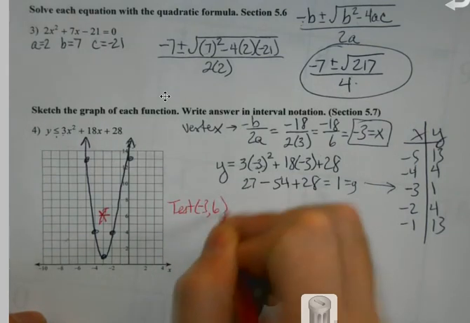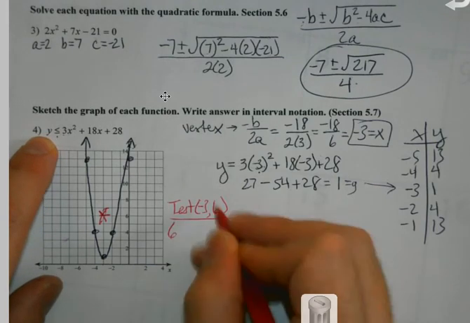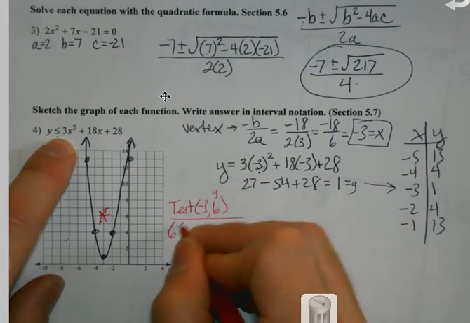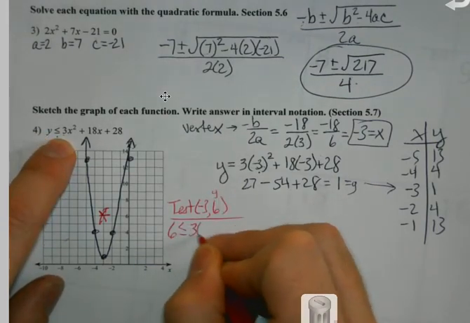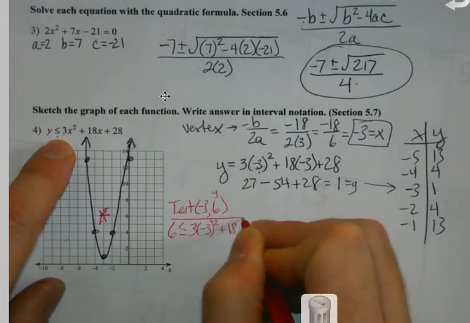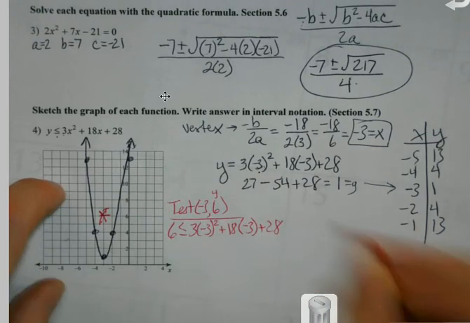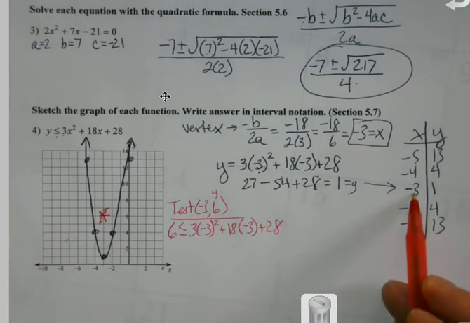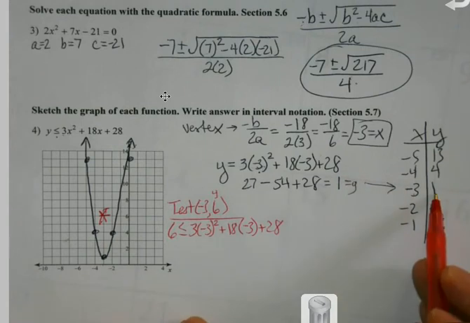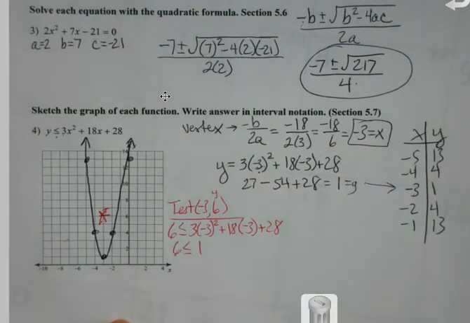So if I were to test negative 3, 6, I plug in the 6 for the y value, and the negative 3 for my x. Now if you want to save yourself some time, remember, we've already plugged negative 3 in. When we plugged negative 3 in before, we got 1 out. So really, what this is asking me is 6 less than or equal to 1?